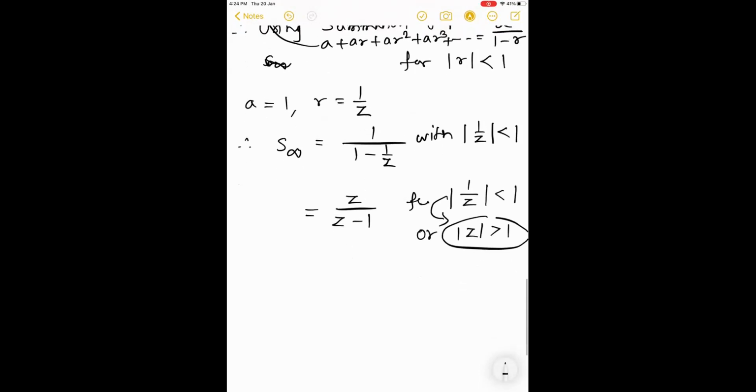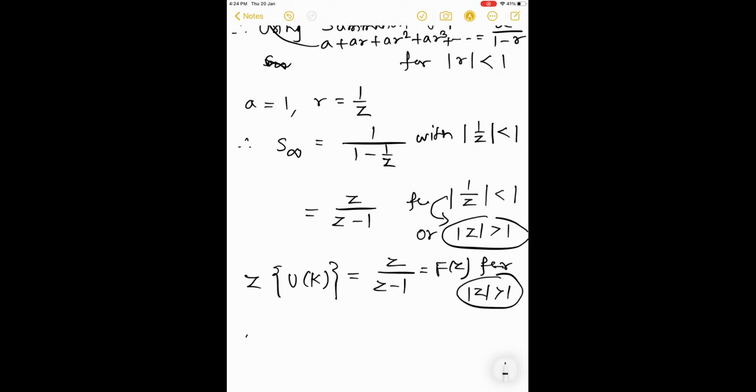So therefore, your answer for the Z transform of this unit step function is z upon z minus 1, which is a function of z, for mod z greater than 1. ये जो है, this is called the region of convergence. Mod z greater than 1 is called the region of convergence.